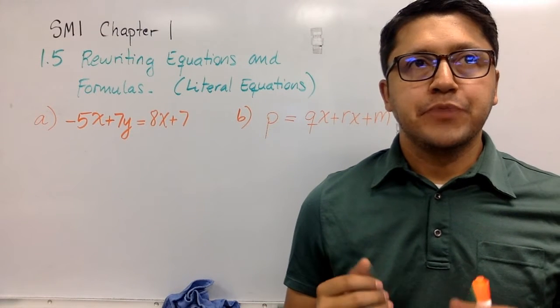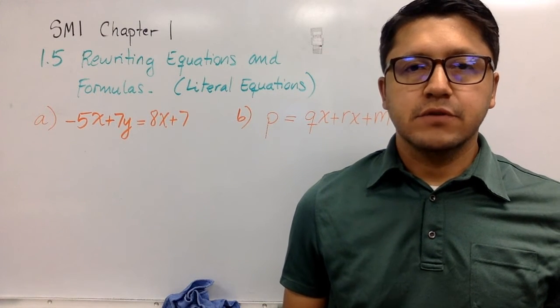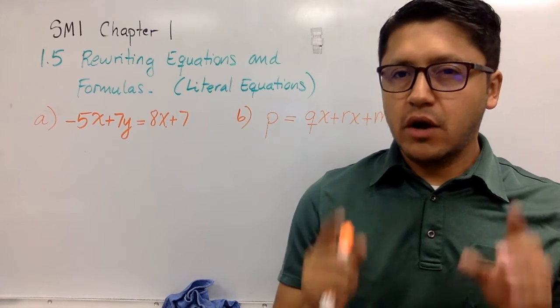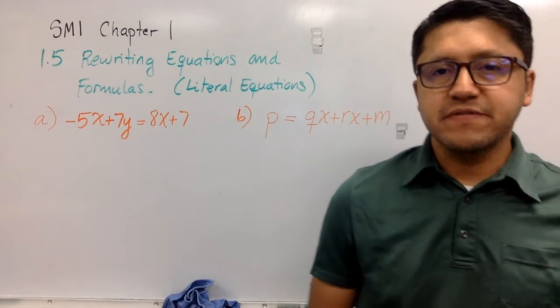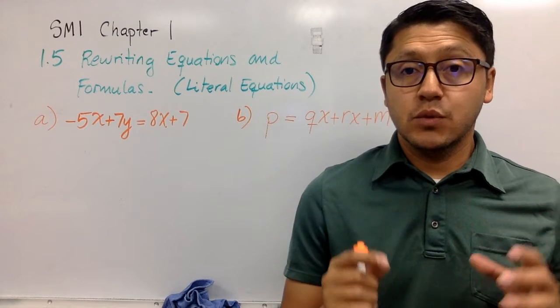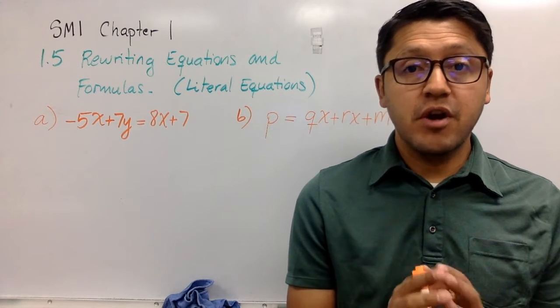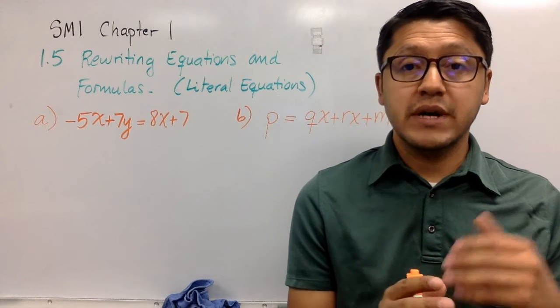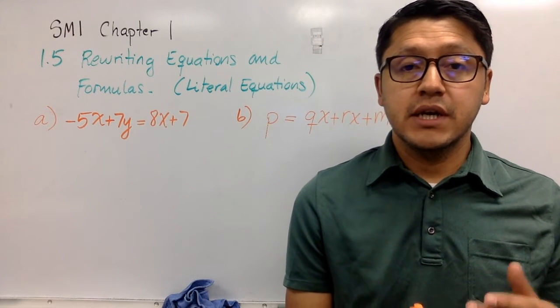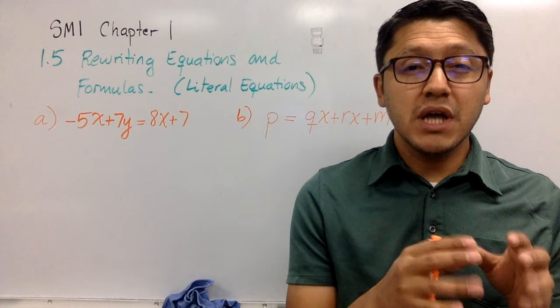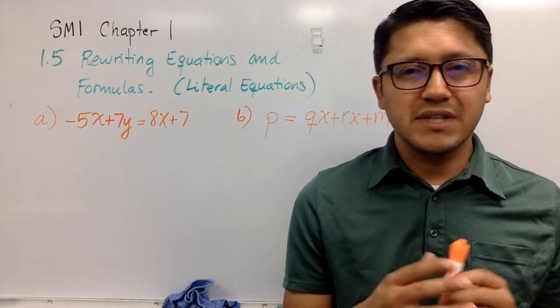Well, guys, the very important aspect to take into account in unit 1.5 is that when you solve for the given variable, or the variable that you are asked to solve for, at the end you will not obtain a number. What does that mean?